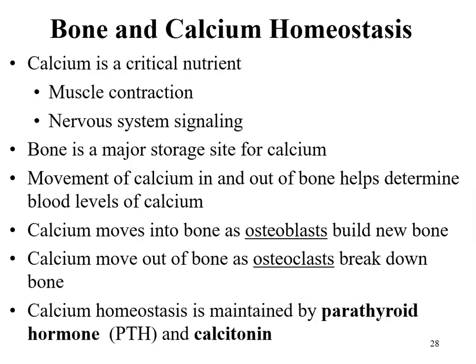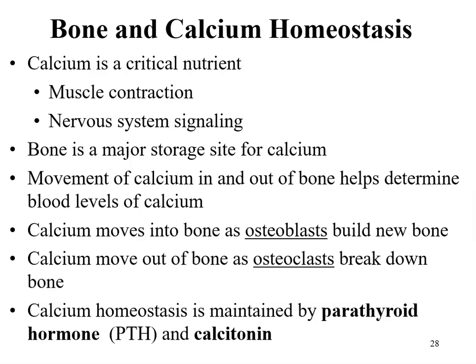In addition to that, blood clotting also requires calcium. So, while calcium is important for maintaining strong bone tissue for the skeletal system, blood calcium will always be prioritized because we simply could not function without muscles and nerves working.